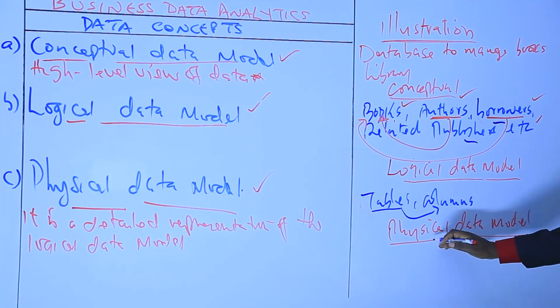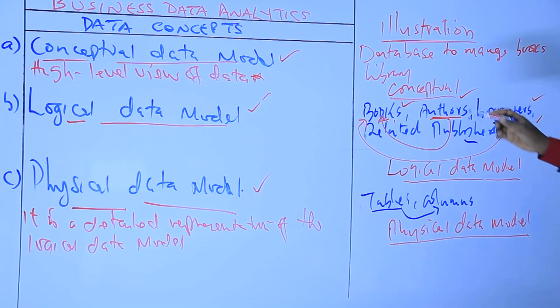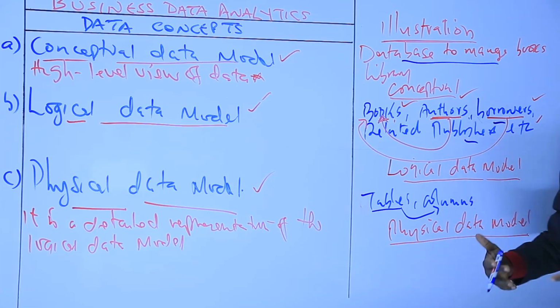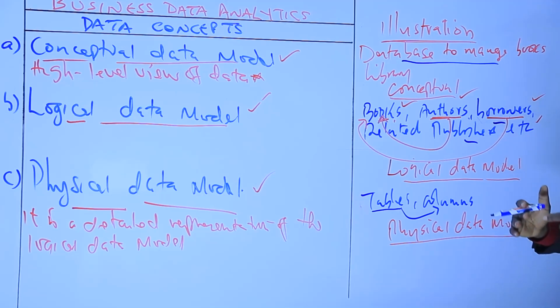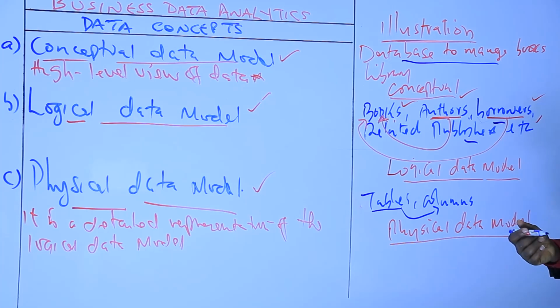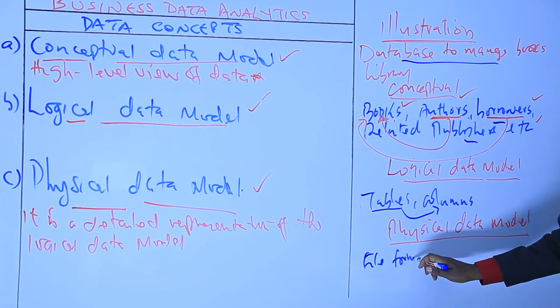Now, candidates, the physical data model in a database to manage books will specify the physical implementation of the database. And it includes information such as the file format.